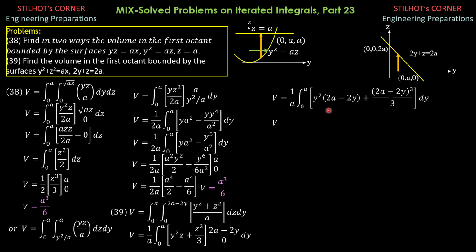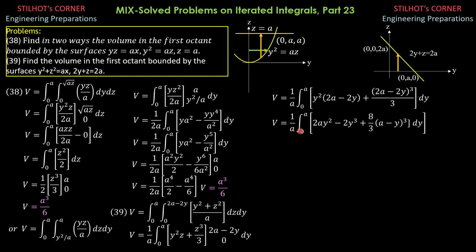So simplifying, volume equals 1 over a integral 0 to a of 2ay squared minus 2y cubed plus 8 over 3 quantity a minus y cubed. Take note, there is a 2 common here. 2 cubed is 8. Then divide by 3, a minus y quantity cubed dy.